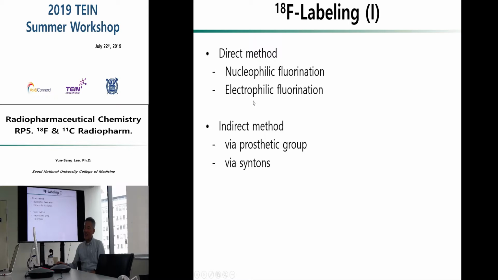Normally, this direct method can be done with small molecules. But the indirect method we can use for protein labeling or peptide labeling, because in the direct method we have to increase the reaction temperature. So that's why in F18 labeling, we use the direct method with small molecules, and the indirect method with proteins or peptides.